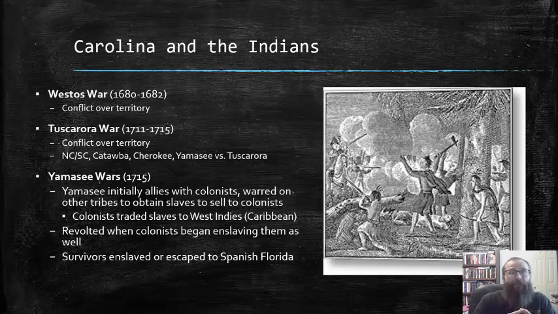Now, this particular conflict saw the North Carolina and South Carolina militias, along with their Catawba, Cherokee, and Yamasee Indian allies, against the powerful Tuscarora Indians who had previously held a large part of the control of the territory that would become eastern North Carolina.